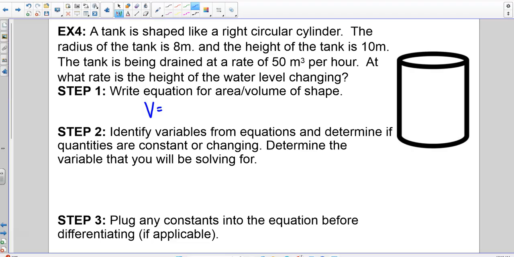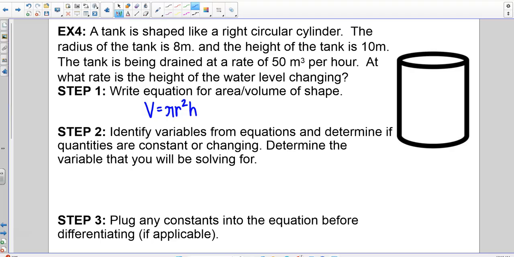How do we find the area of the base for a cylinder? Pi r squared, because the base is a circle. So our volume formula is going to be pi r squared times height, and that is our equation that we'll be working from here.